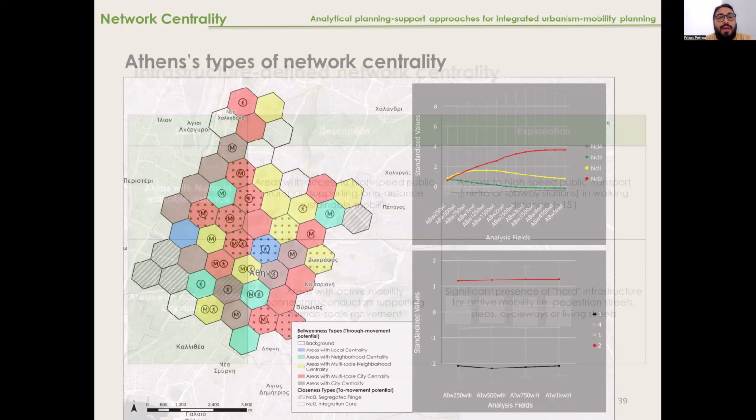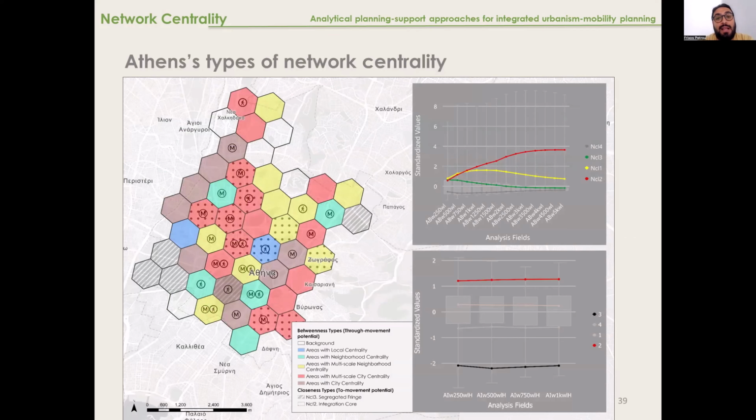I understand that all these different aspects presented here, especially for network centrality, can be a bit confusing. However, at the end of this analysis, we have this map that we hope can be understood intuitively, meaning that with the color we have the scale of the neighborhood, the scale of the area, meaning the scale in which the routes can attract movement as pass-through routes, as pass-through areas.